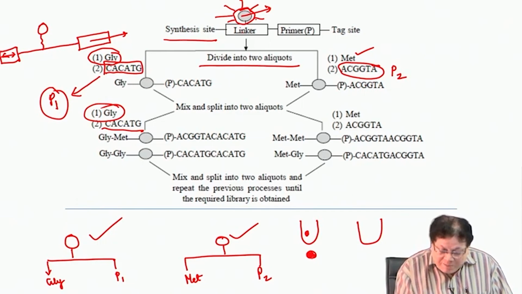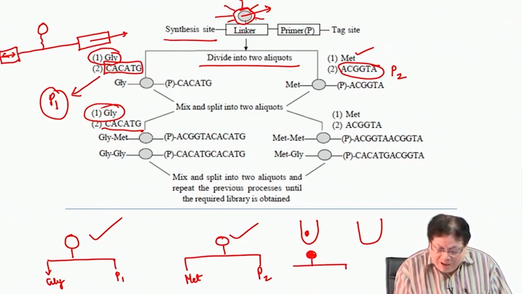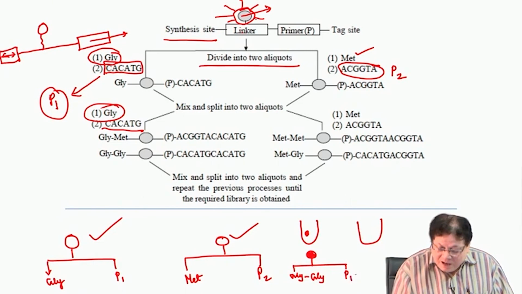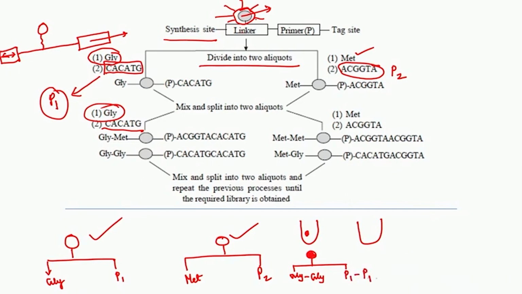Okay. So, what will happen now, this bead will have glycine, and then I have added another glycine, and on the other side at the same time I add this P1. So, P1 will be attached to P1. In the other bead, in the same container, it will have glycine, and if it has reacted with, sorry, it is not glycine because I have mixed it.